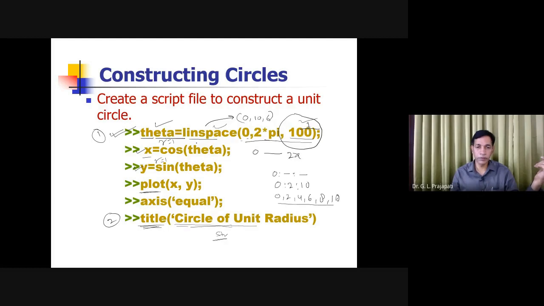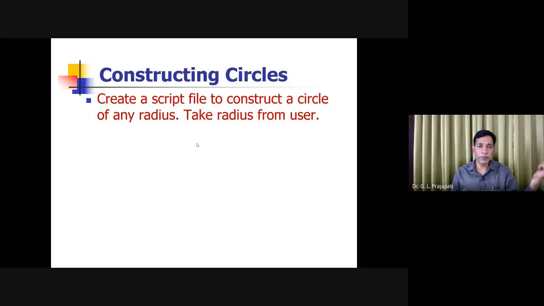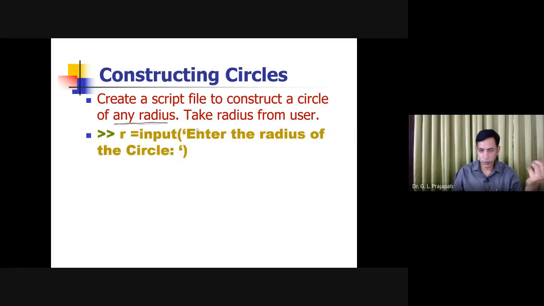You can ask the user what is the radius of the circle, and according to that radius you need to plot the circle. So you need to create a script file for any radius, and you need to ask for this radius. You have to write the statement so that your MATLAB statement asks the user what radius you want. For that you have the commands.